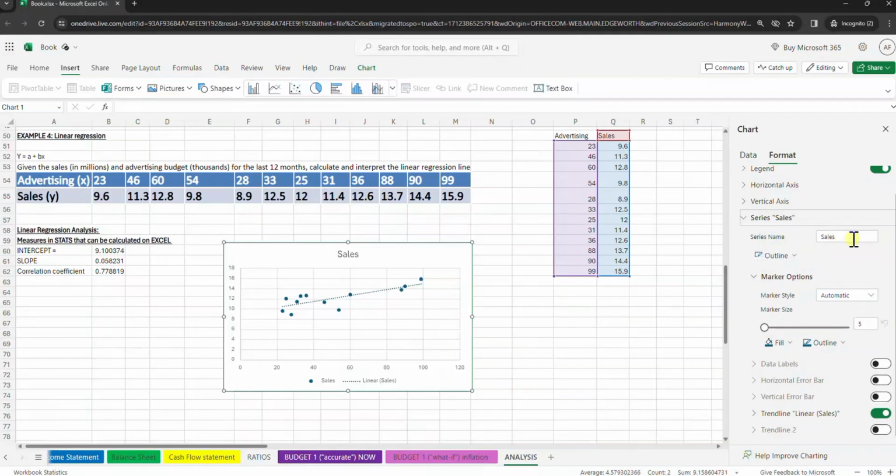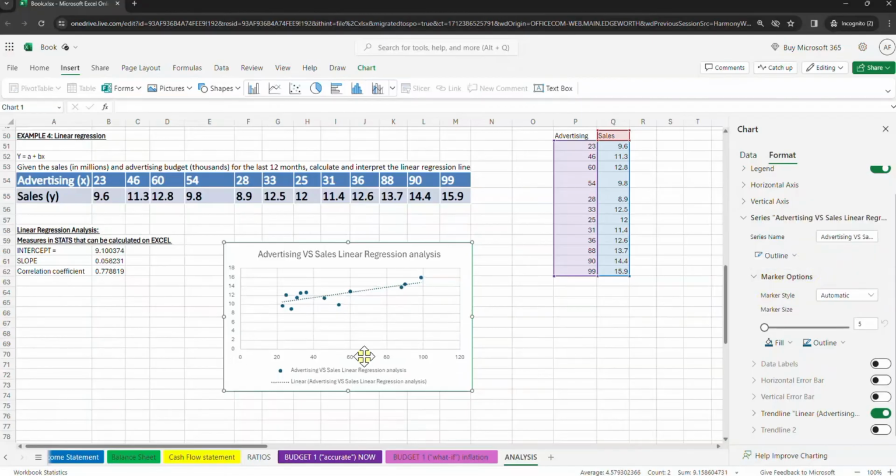Obviously, the series name I'm going to change. This would be advertising versus sales, linear regression analysis. There's the linear regression, showing the best fitting line based on the data.